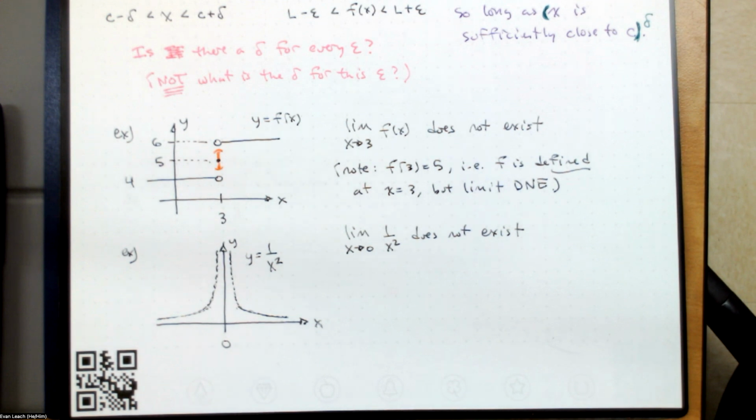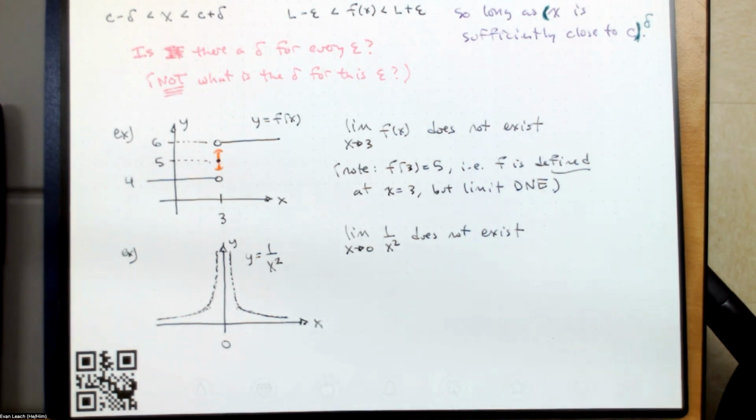One over x is not approaching some value. It's off towards infinity. We can't express this idea that from both sides, this function is headed off to infinity.